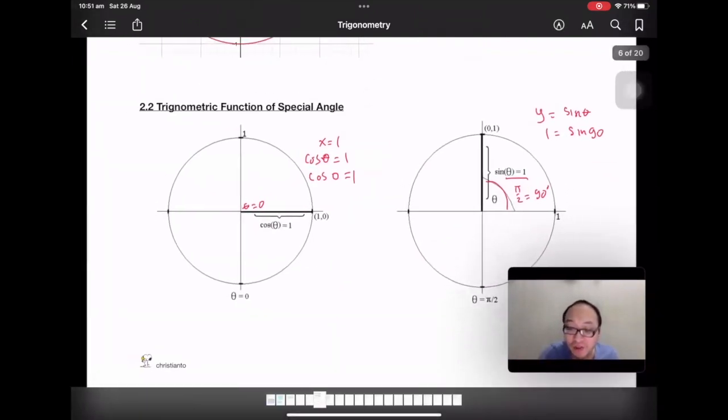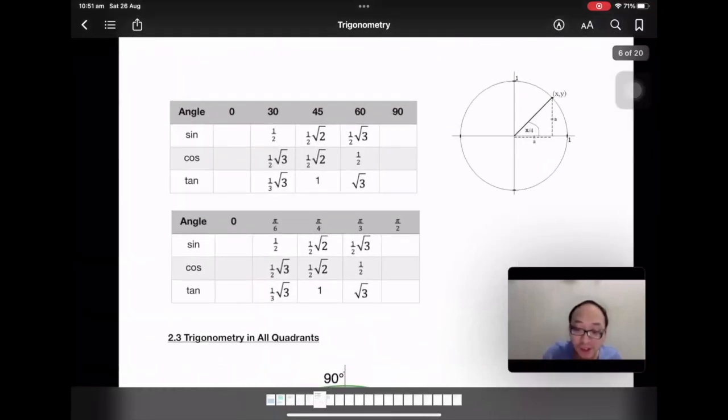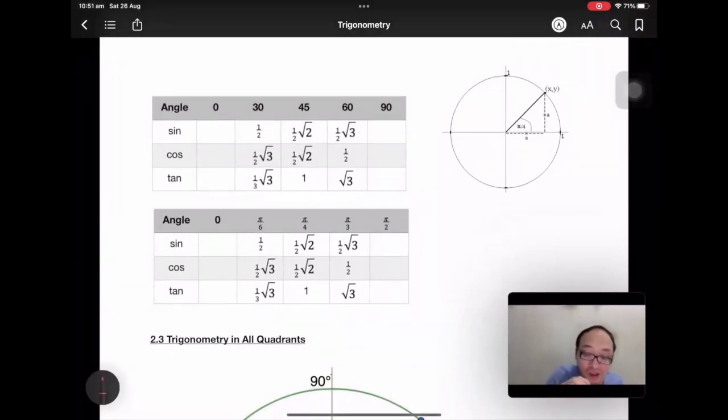From here, we can put it into the table. For sin 0, sin is y, sin theta, so sin 0 is 0 because y is 0 in the y direction.